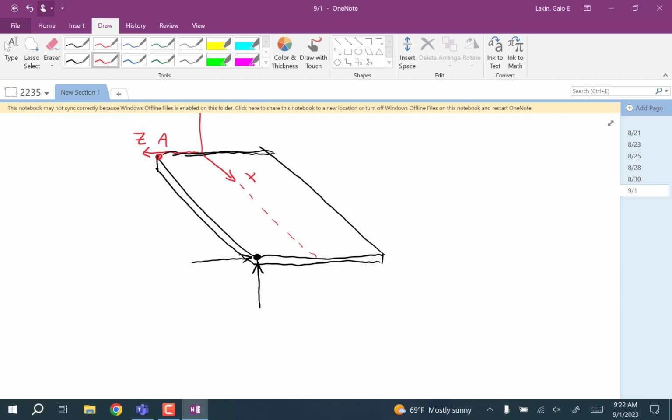You can see it would make it rotate this way about z, so the component of your moment is in the positive z direction. And this other one is going to make it rotate like this. You see that? That is in the positive y direction. So you're going to have another component of your moment in the positive y direction. So yeah, you can think about it intuitively, component by component.